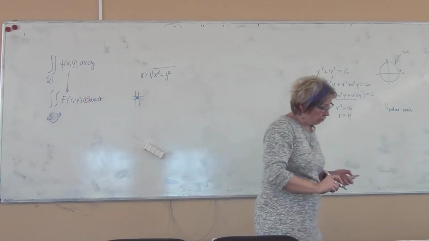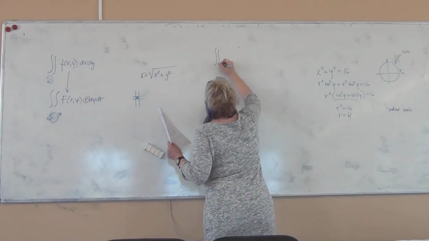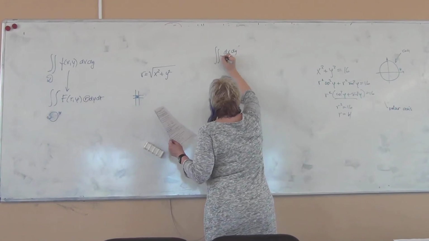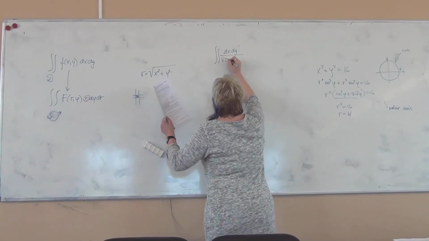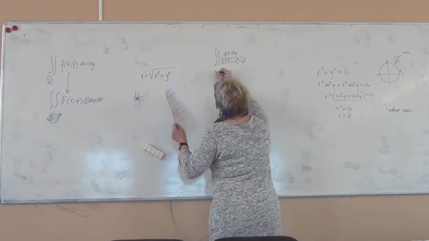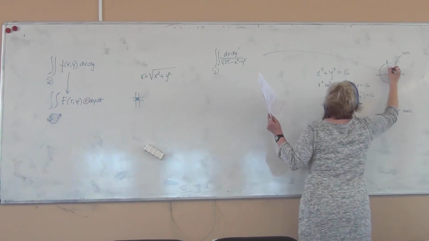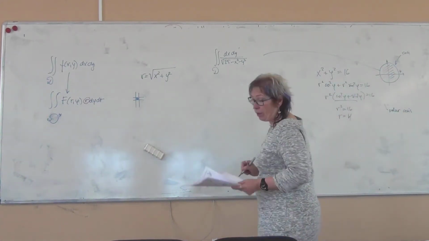I'm now going to try to do this. Double integral dx dy, square root of 25 minus x squared minus y squared. The region D is this.